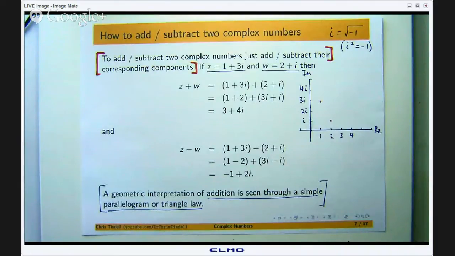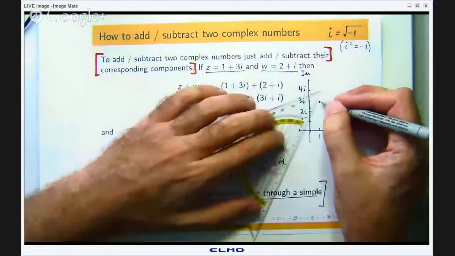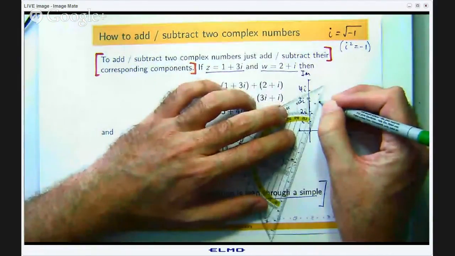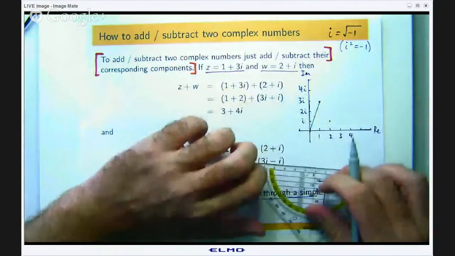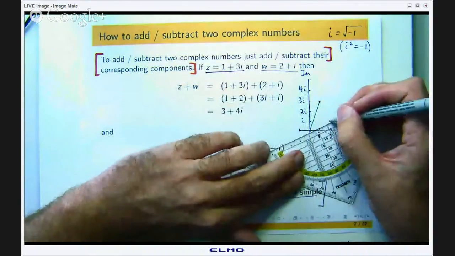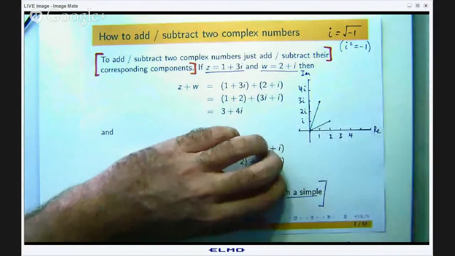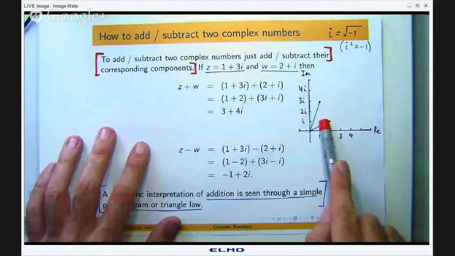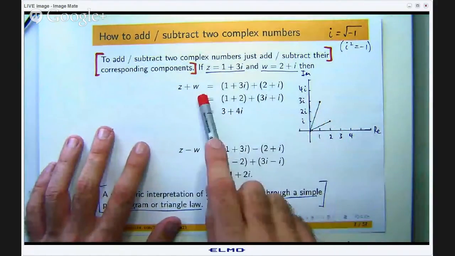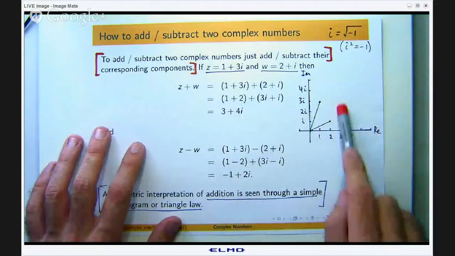All right, so if I now were to draw a little line segment from those points to the origin, I get these little line segments here. Okay, well, I'll do something with those in a minute. Let's plot in the sum of these two numbers. So 3 plus 4i, 3 and then 4.